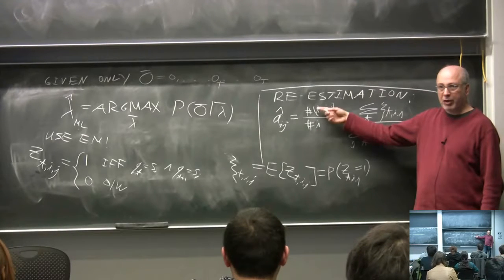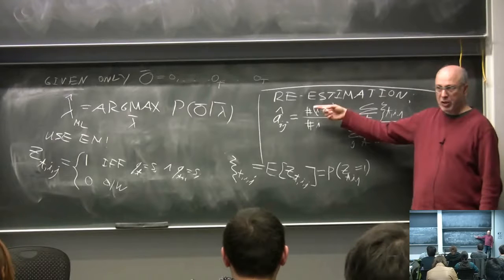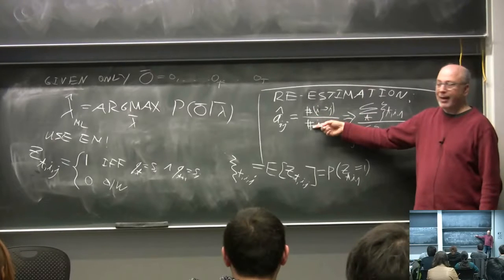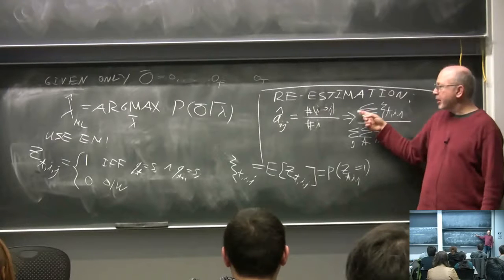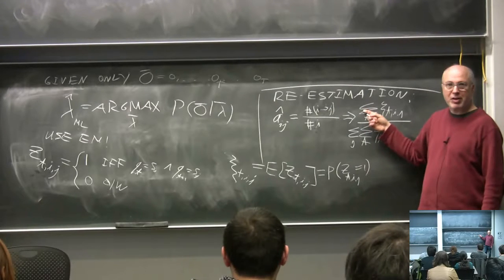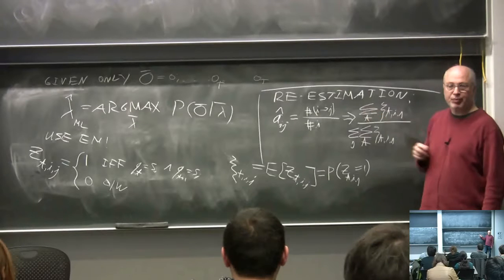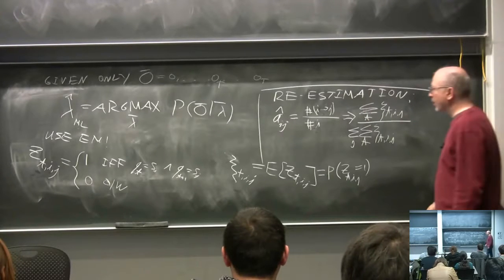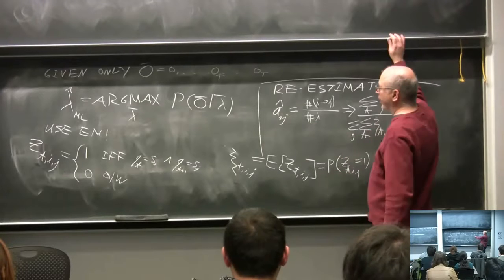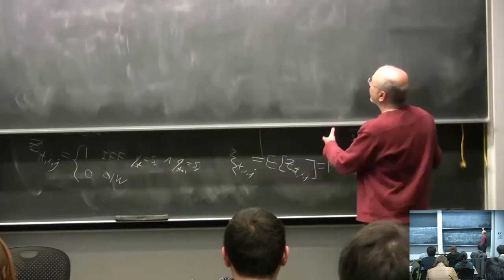That's what I did here. If I knew the true hidden events, I would just count them and divide. And then I substitute for the actual counts the fractions that are expressed by the expected values of the z's. So this is re-estimation of the transition.